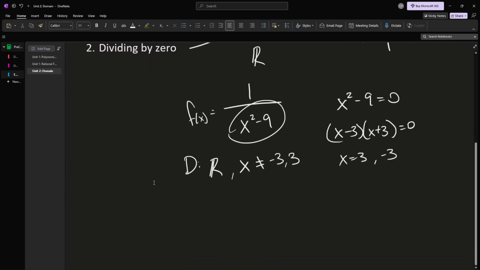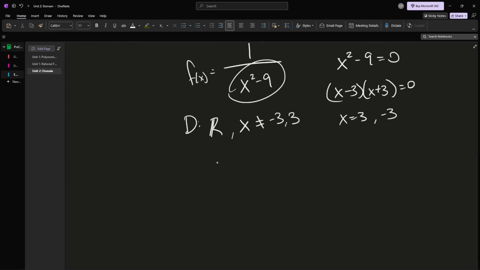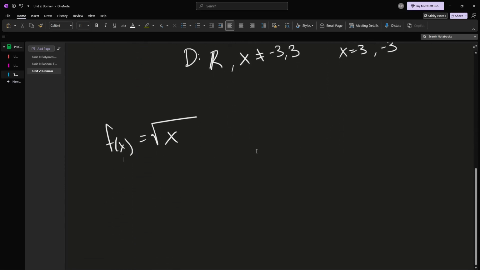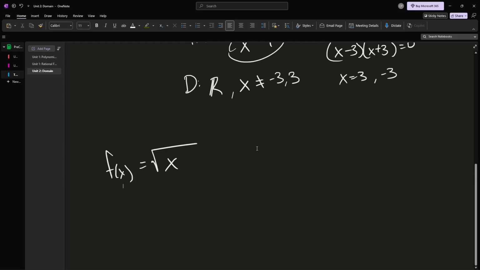The second one is a bit more complex, when you have a square root of a negative. Let's start with the most basic one, square root of x. If this is my function, where does my domain exist? This is kind of intuitive: when x is at least 0, that's my domain.